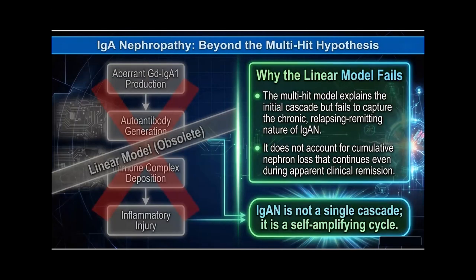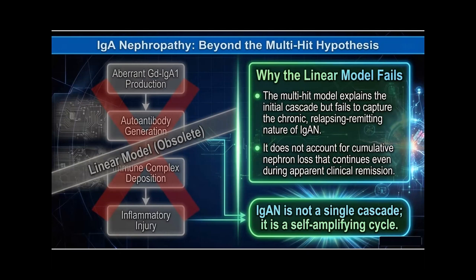Okay. So the previous one, aberrant galactose deficient IgA1. Gd-IgA1 production, autoantibody creation, immune complex deposition, inflammatory injury. This is what we used to think.